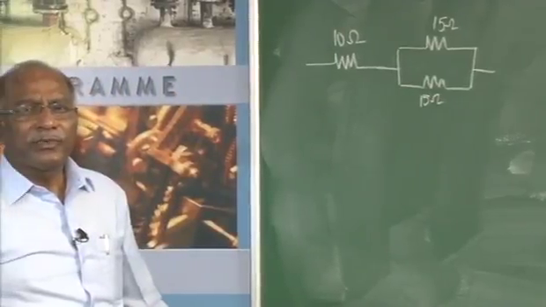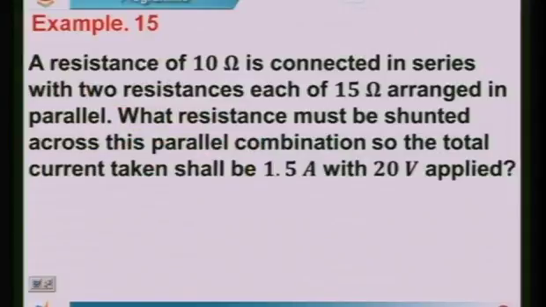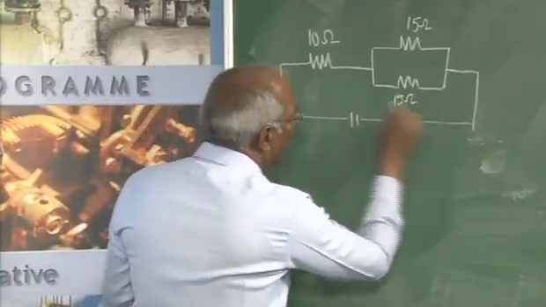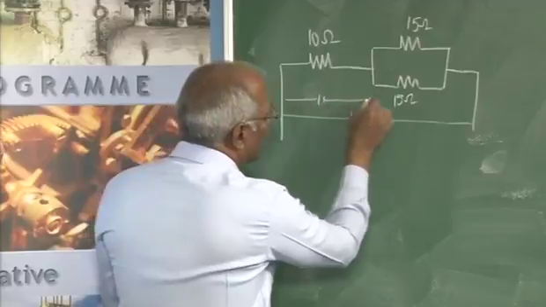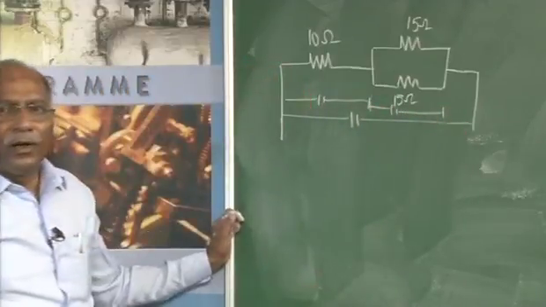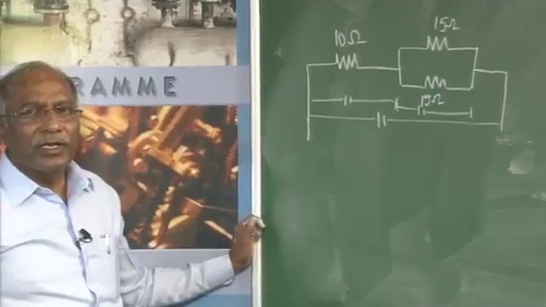What resistance must be shunted across this parallel combination? In that respect, should the resistance be connected across this, or across this, or across this? As such, what resistance must be shunted.